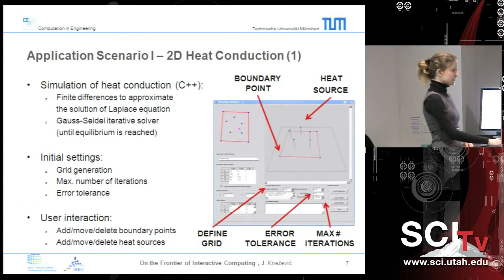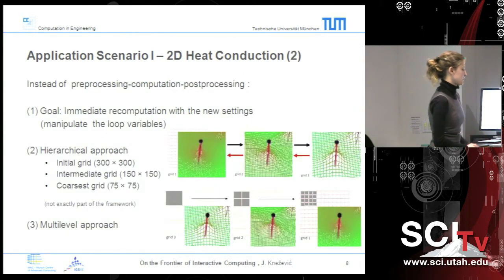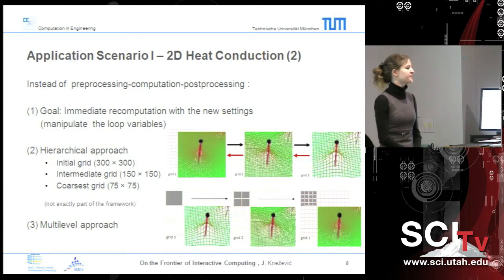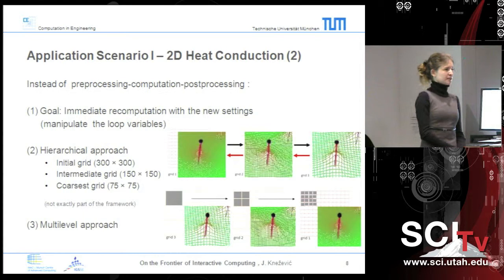And now, going back to our example of heat conduction, let's see how we were solving the problem that you just saw on the video. First of all, we were interrupting the simulation.